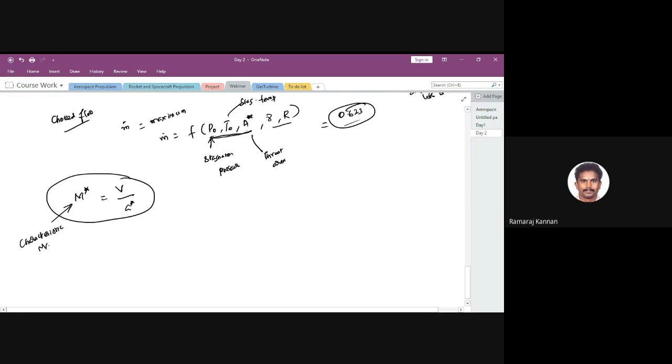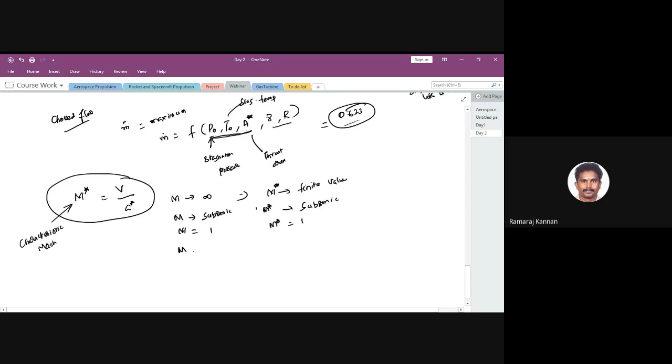Characteristic Mach number: when M tends to infinity, M star tends to a finite value. When M is subsonic, M star is also subsonic. When M is equal to 1, that is sonic, M star is also 1.